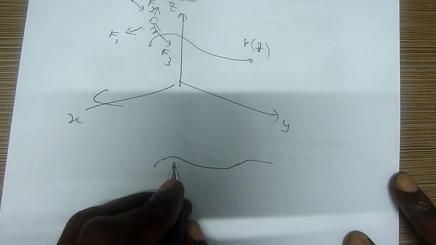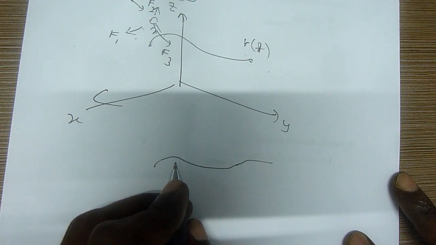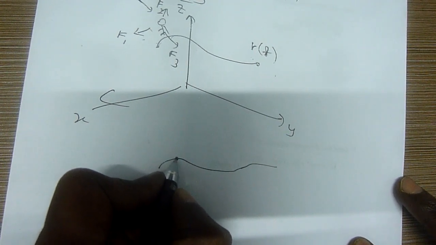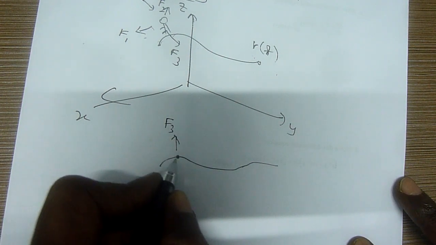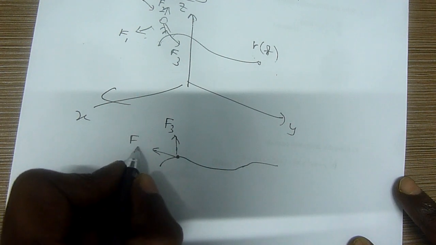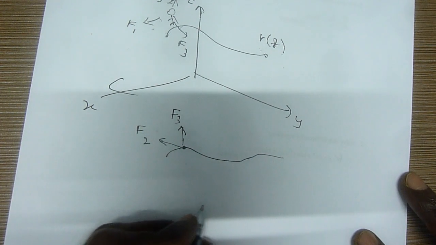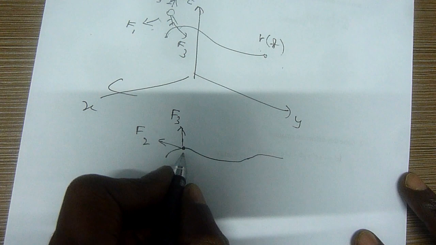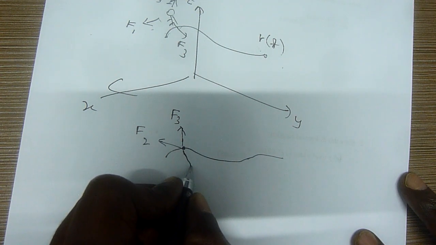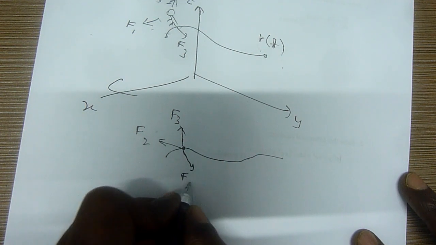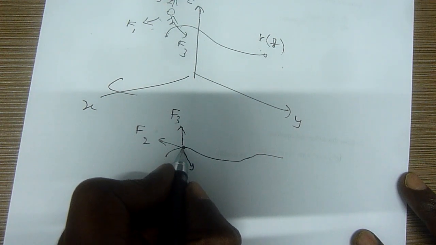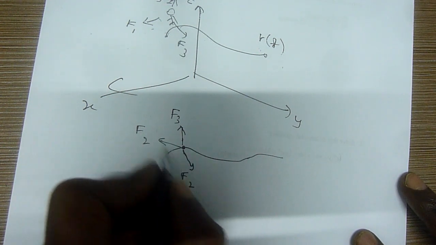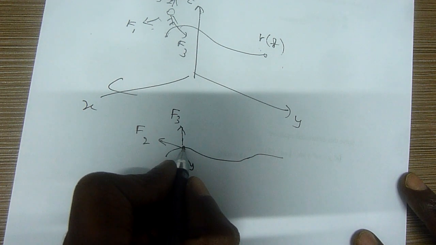The line can be a combination of various things. This is the point. Various forces are coming in, and the forces can be in various directions, with different variations. This is F2. Our interest is just to take this overall combination of forces towards this.